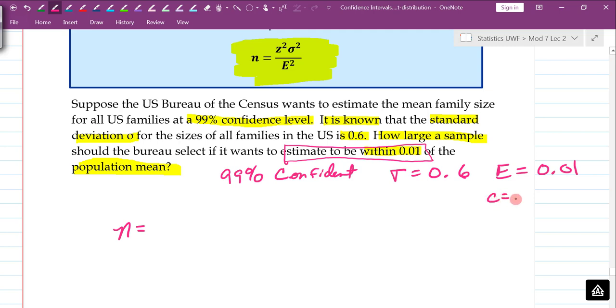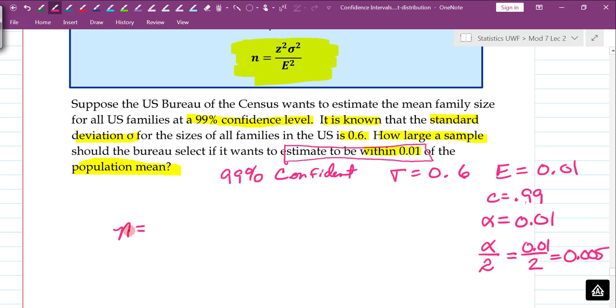We know, therefore, our alpha is equal to 0.01 because, again, these have to sum to 1. If I'm doing a confidence interval, I have to take my alpha and divide it in half equally between two tails. So this is going to be 0.01 divided by 2, and this is 0.005. Okay? So my N, well, let me go back and calculate our Z. Let's determine our Z.